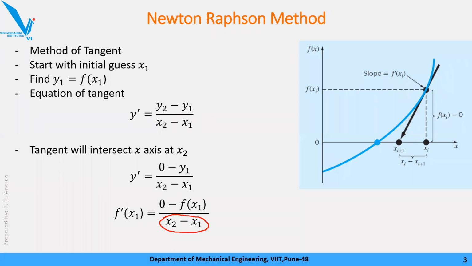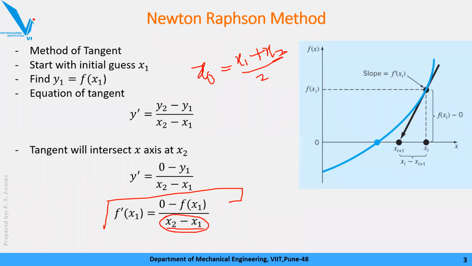For the next iteration, in the bisection method we had an equation like this: x0 equal to x1 plus x2 divided by 2. Now for roots of equations using the Newton-Raphson method, how can I simplify this?